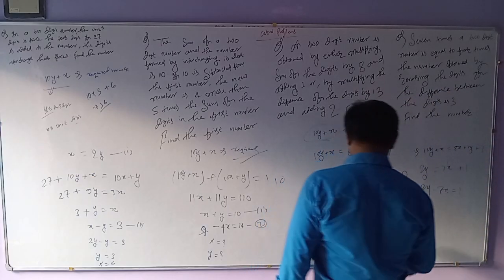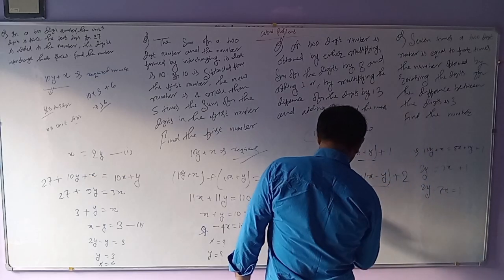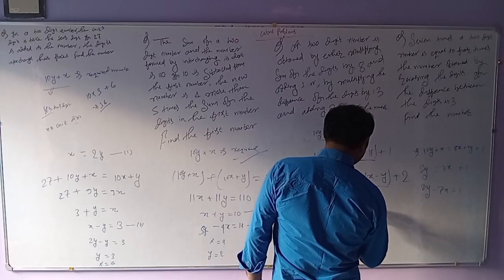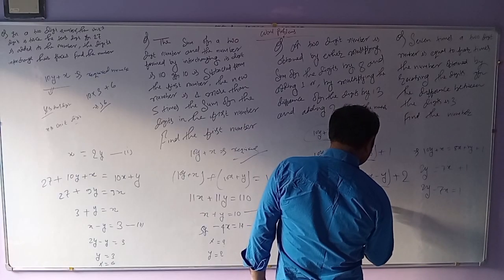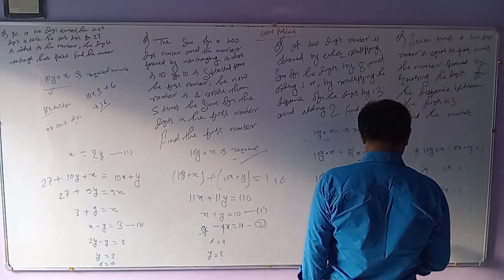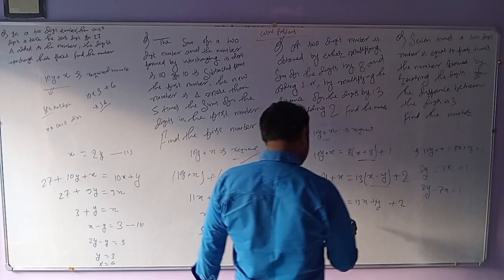That is the first equation. And here, 10y plus x is equal to 13x minus 13y plus 2.